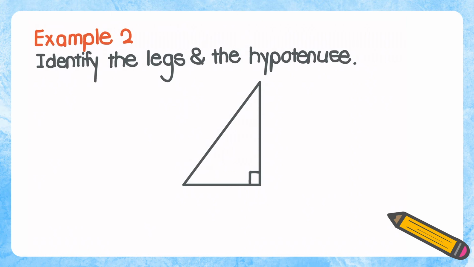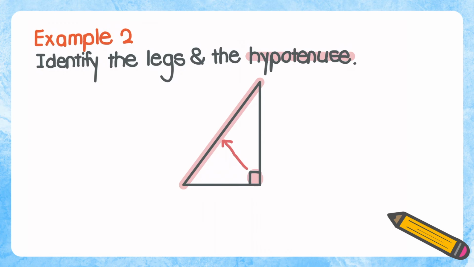Here, notice that the right triangle is facing a different direction, but it's still a right triangle. So let's identify its legs and its hypotenuse. The hypotenuse, let's look at that first, is the side opposite of the right angle. So that's this side right here.